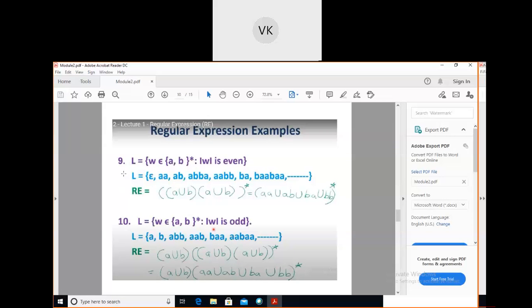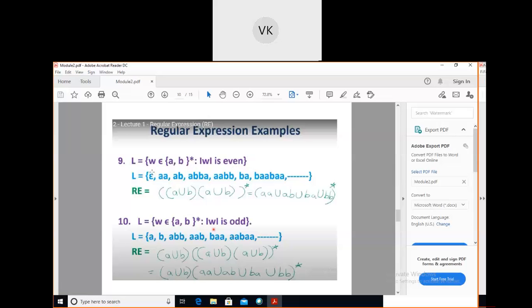Yes. Next example you see here. W is a set of strings over the alphabet {A, B}star, and the length of W is even. Yes or no? The length of W is even. Only I am going to concentrate on the length, irrespective of what the letters are. Here the possible things are epsilon.